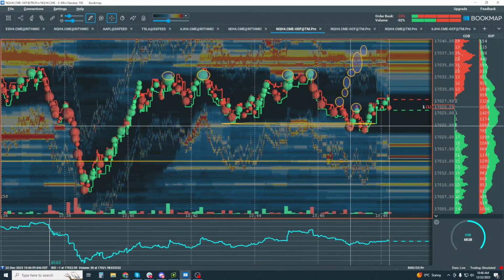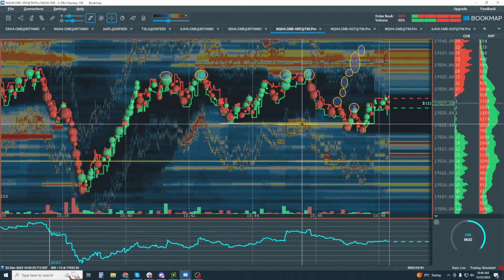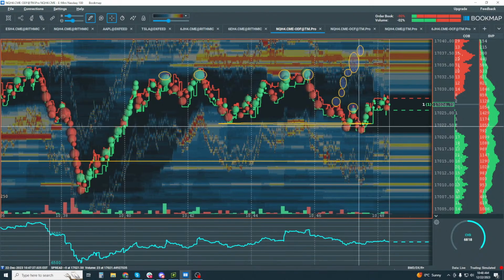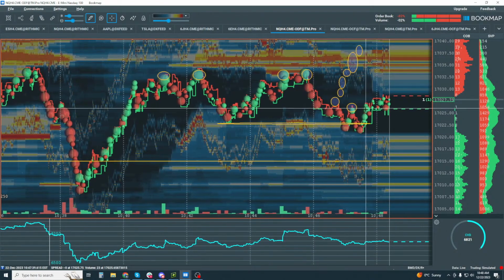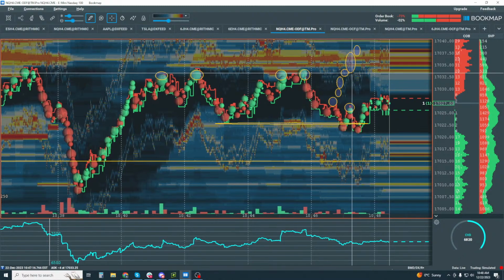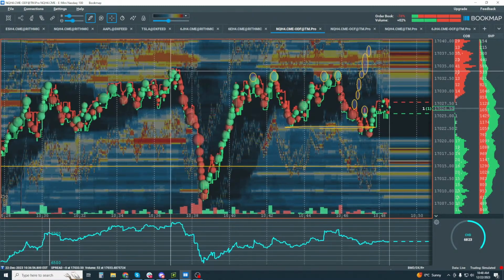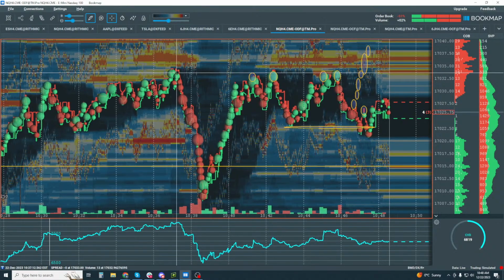Okay, and that this here is tested outside but rejected. Okay, and we see the buying strength starting to come back in. So that's why we're looking for buyers to take it to the other side of the range here. Okay, and we know that it can auction up here. Here's another area where it auctioned previously.